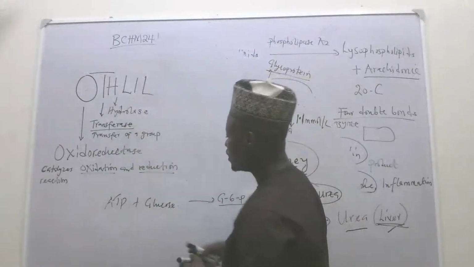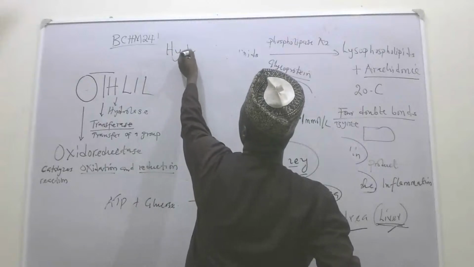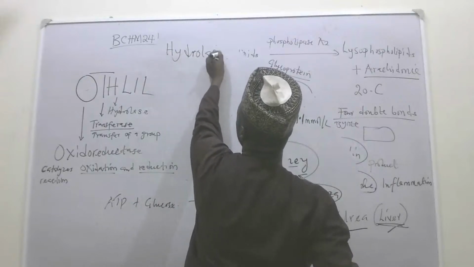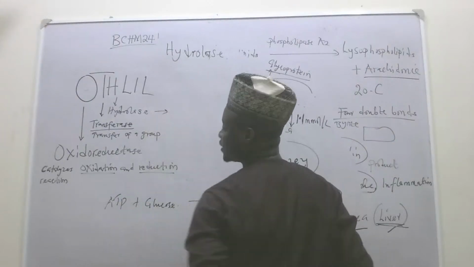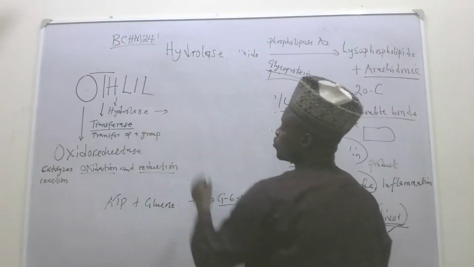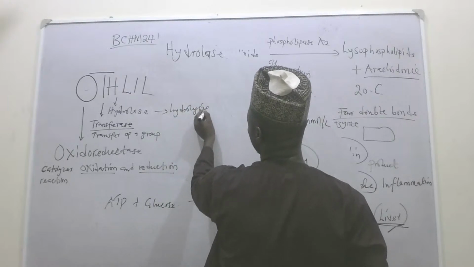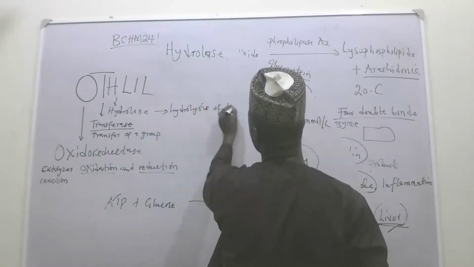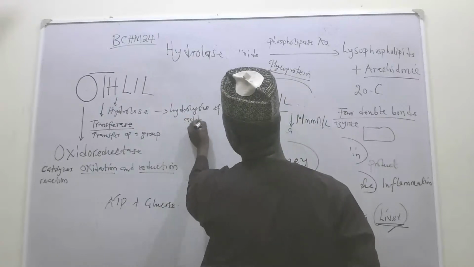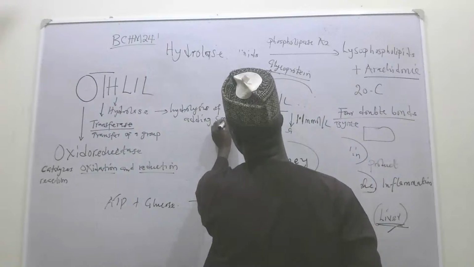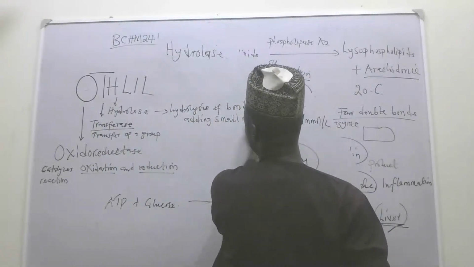Hydrolase, that is the next enzyme. Hydrolase enzyme. What does it do? It catalyzes hydrolysis. Hydrolysis of a bond by adding small molecules like water.